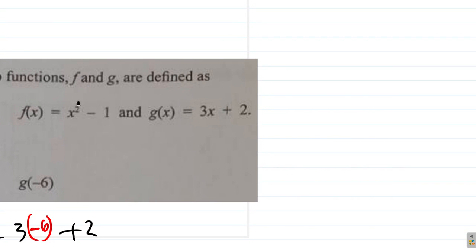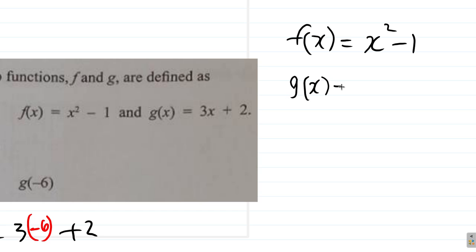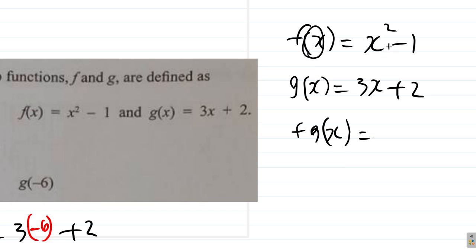Now, remember you have f of x equals x squared minus 1, and you have g of x equals 3x plus 2. fg of x equals what? You're going to put g into f. Now remember, when you say f of x, you put x here.